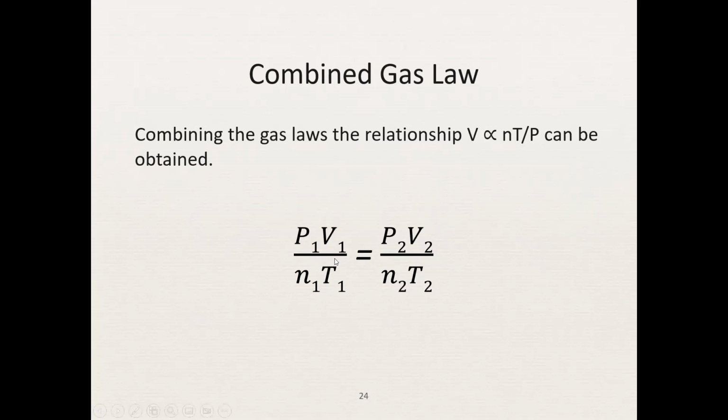So P1 V1 over N1 T1, pressure, volume, moles of gas, and temperature of those initial conditions is going to be equal to the pressure times the volume divided by the amount of gas divided by the temperature for the second set of conditions.